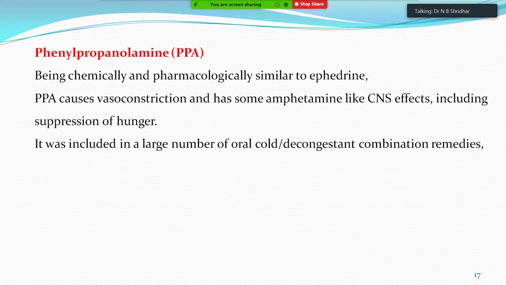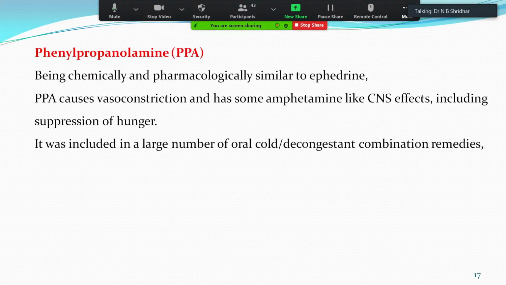So the PPA causes vasoconstriction and has some amphetamine-like CNS effects, including suppression of hunger. So it is going to pass the blood-brain barrier and act on the satiety center or hunger center and reduce the hunger.